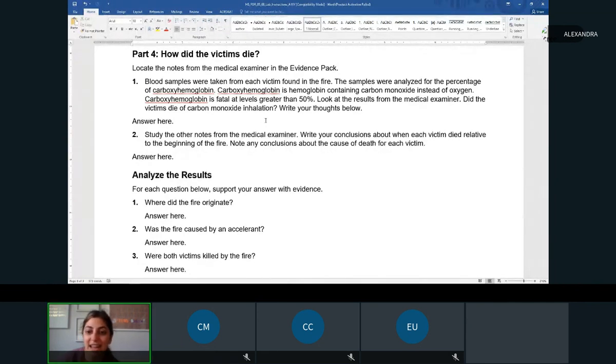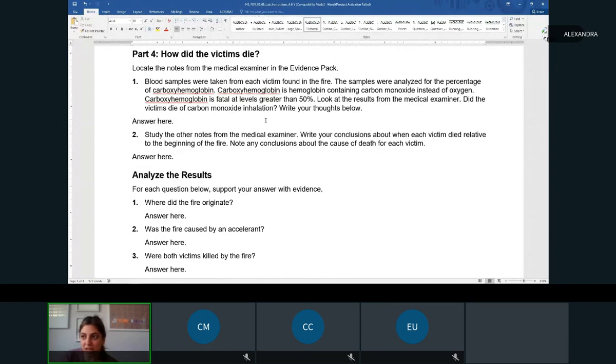So when did they die? If the husband did not die in the fire, when did he die in relation to the beginning of the fire? He died before. Okay, we're making some conclusions. Great. Let's move into the analysis.